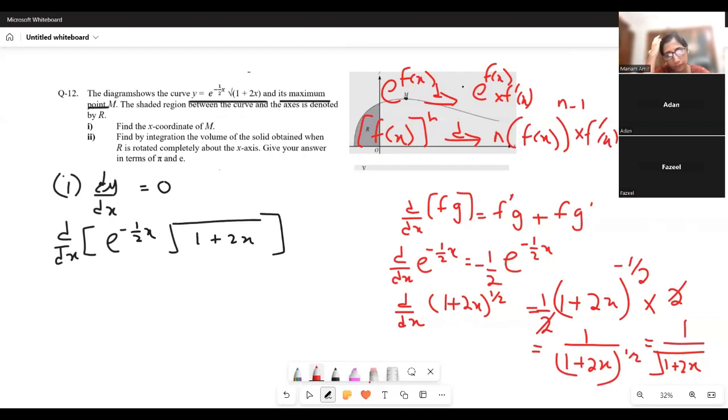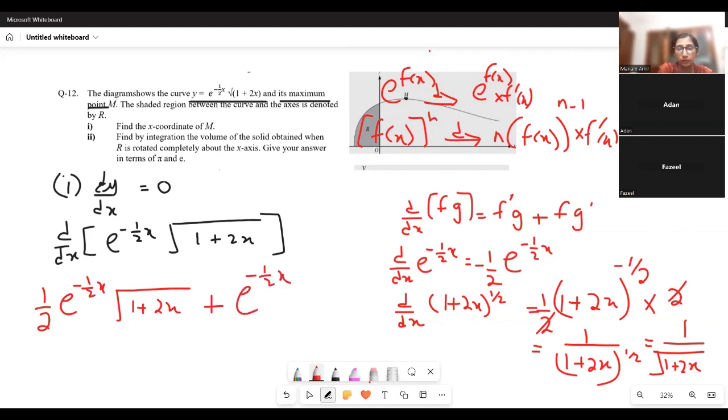That's why we multiplied by 2 as well. Okay, now let's apply the product rule. So f prime is minus half e power minus half x, g(x) stays the same, which is the radical of 1 + 2x, plus, now you have to keep e power minus half x the same, and then the derivative of the radical of 1 + 2x. So that's going to be 1 over the radical of 1 + 2x, equated to 0.